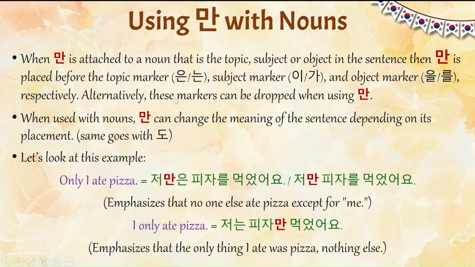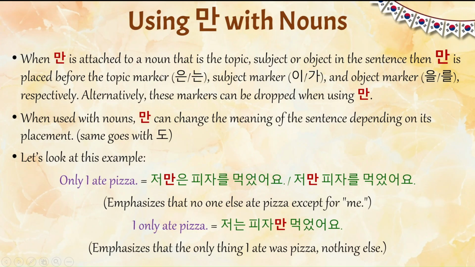What I mean is, if you are attaching man to a noun in a sentence and that noun is either the topic, the subject, or the object in the sentence, then in that case, if the noun is a topic, man will come just before the topic marker, eun or neun.